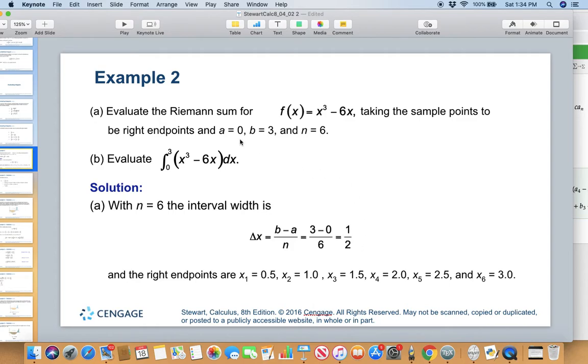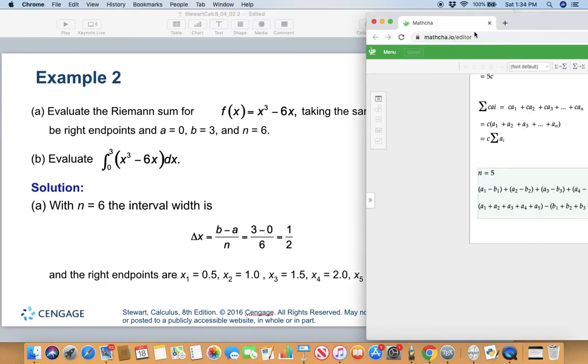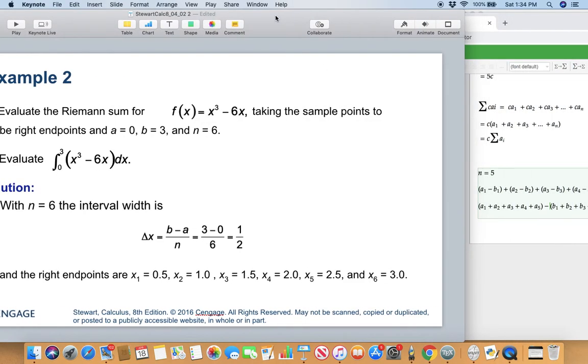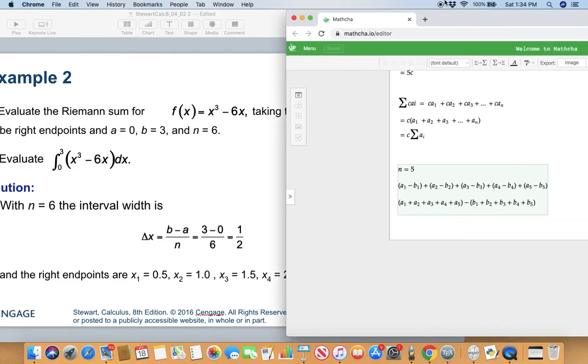I hope it's clear. My interval is 3 units long. I want 6 rectangles. So it's going to be 3 over 6. Half is going to be the width of each rectangle. Now the right hand points, starting from 0. So maybe a picture is in order.